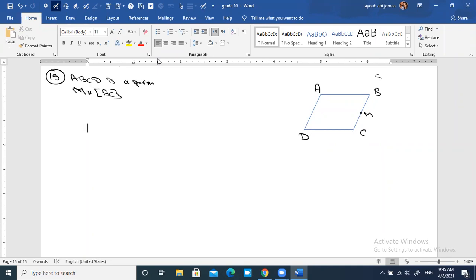And moreover, we have vector CE is equal to 2 over 3 CO, where O is the meeting point of BD and AC, or it is the center of the parallelogram.